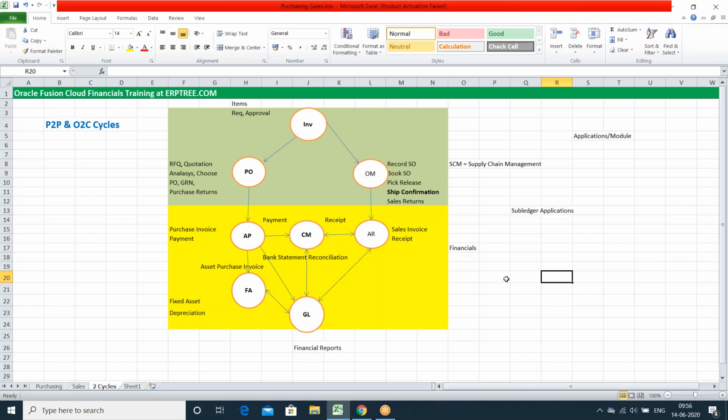So the cycles are very important: how the business process takes place in organizations. Accordingly, we have these applications, which are well connected to streamline the same process in the system environment also.